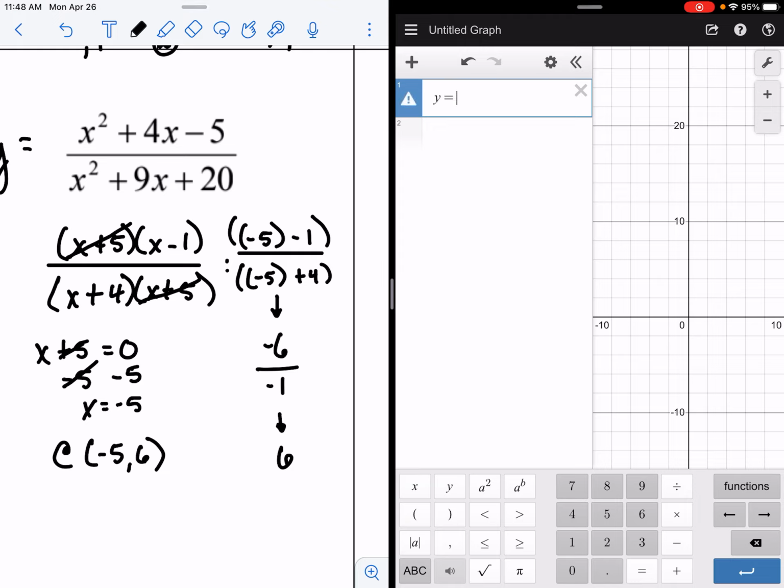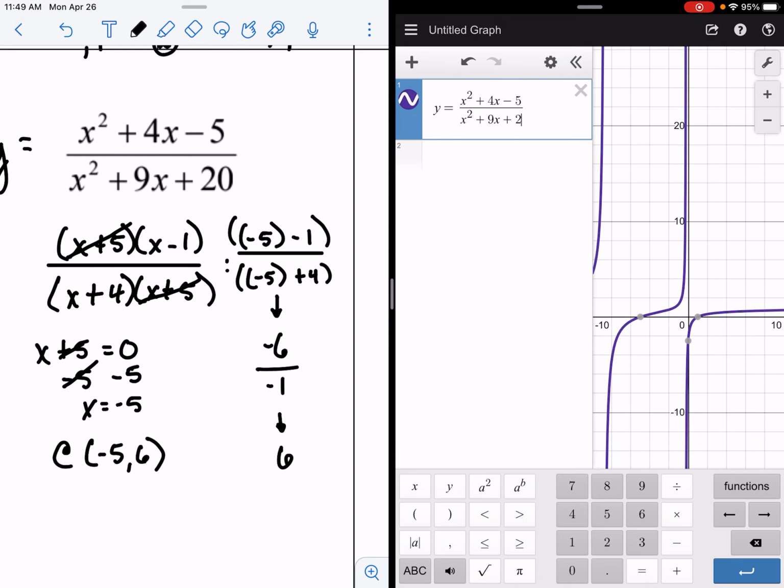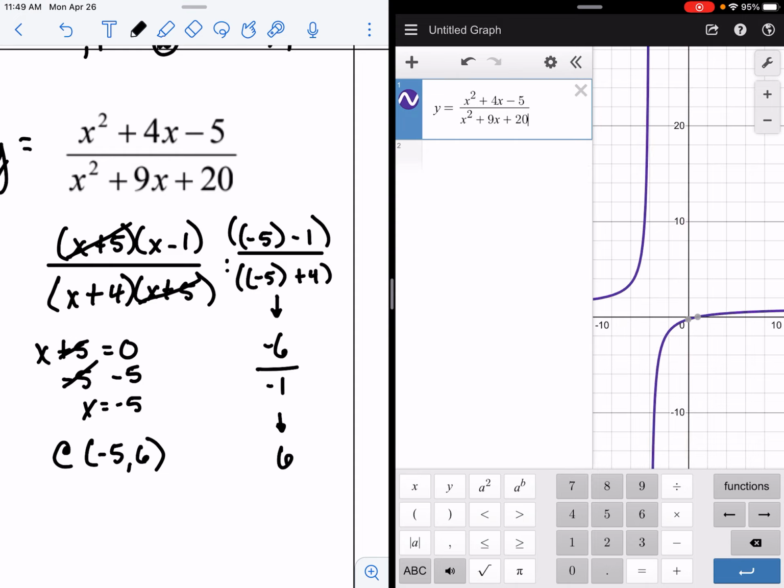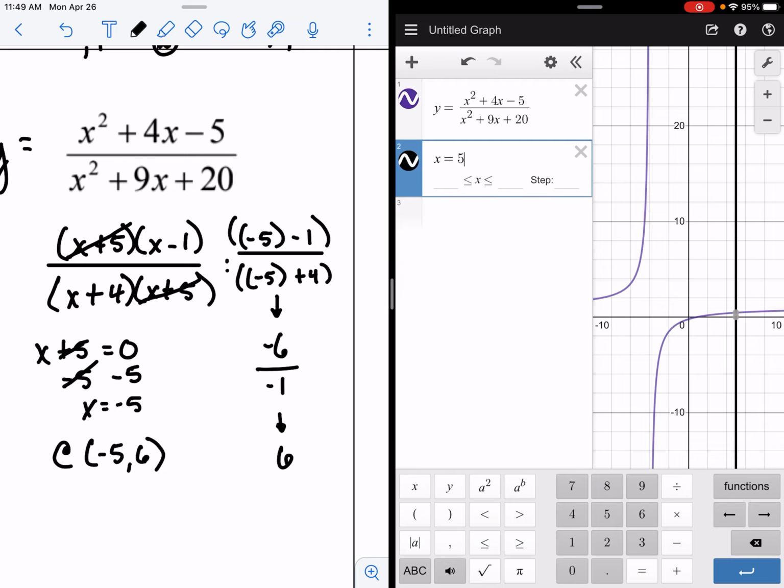So y equals, remember, when you are doing rational functions, always divide, type your top in, make sure you type it correctly, plus 9x plus 20. We said there was a hole at negative 5, 6. So x equals negative 5.